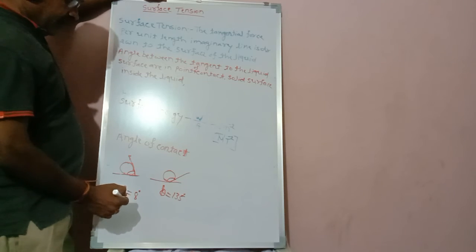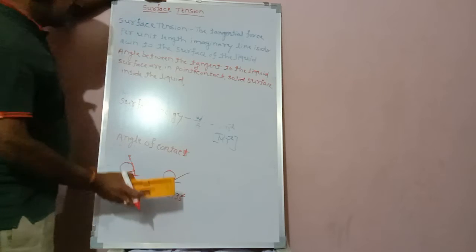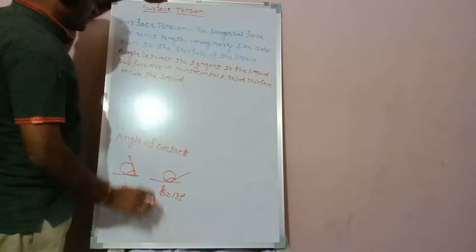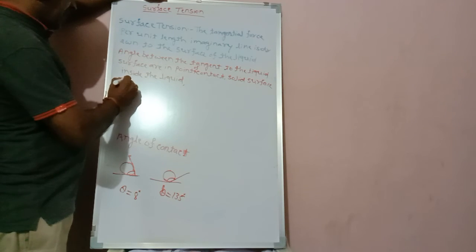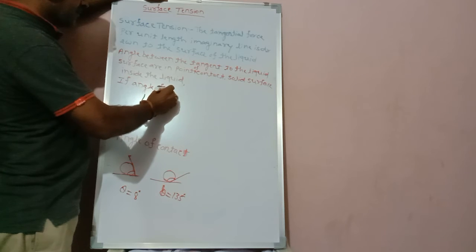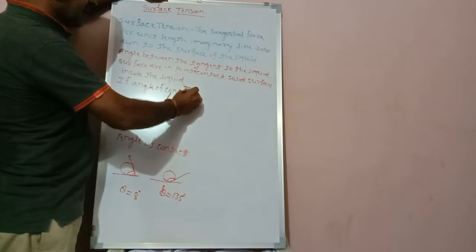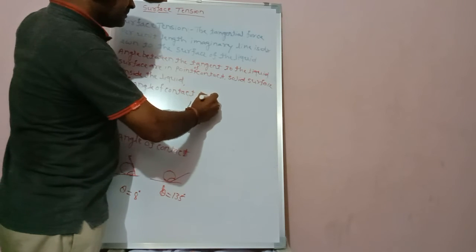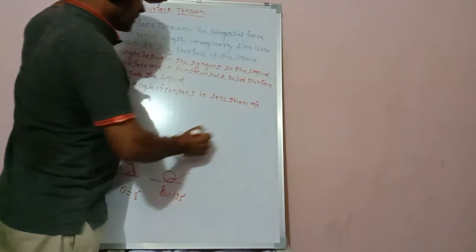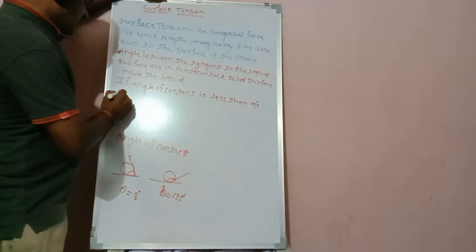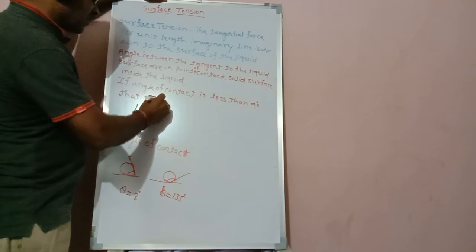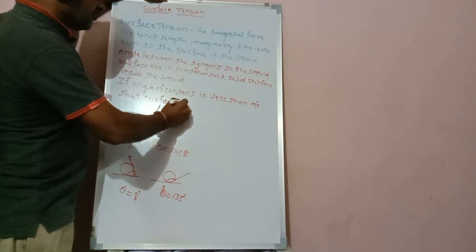If the angle of contact is less than 90 degrees, then that surface is wet.